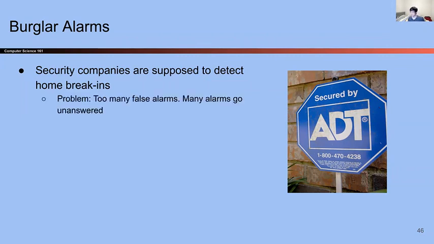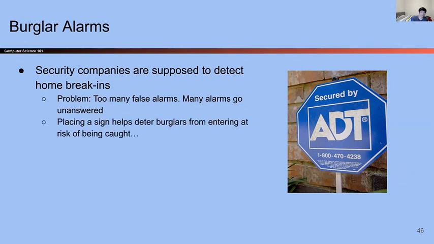The issue with this is that false alarms are set off way too often. I've set off the false alarm here probably at least once a month. So security companies will often just not call the police because they're just assuming that the alarm is a false alarm. Someone didn't actually break in. It was just Nicholas opening the door again on accident.